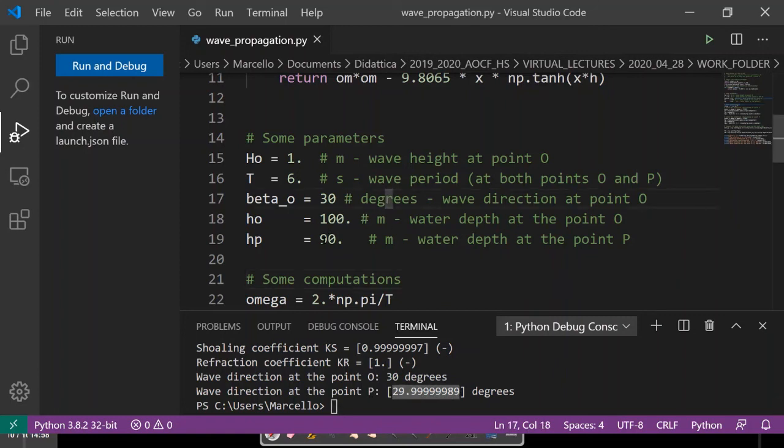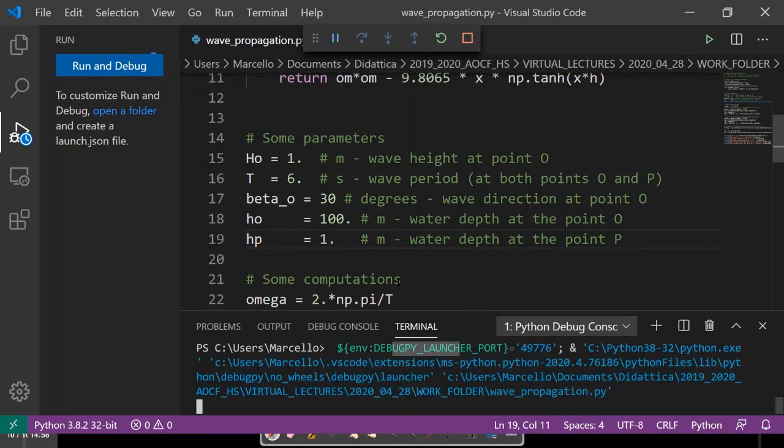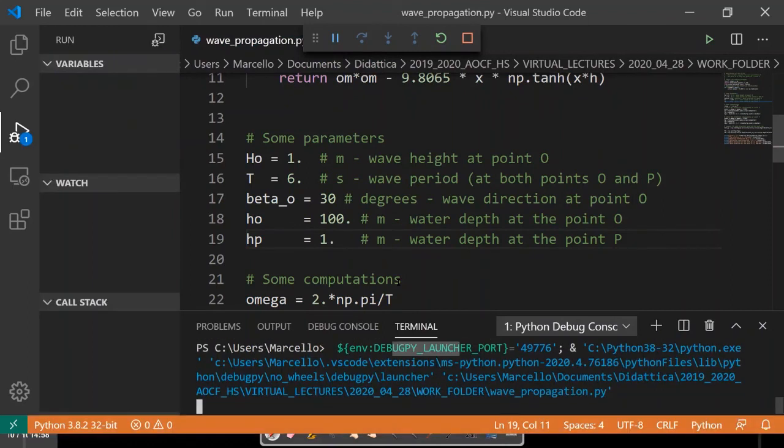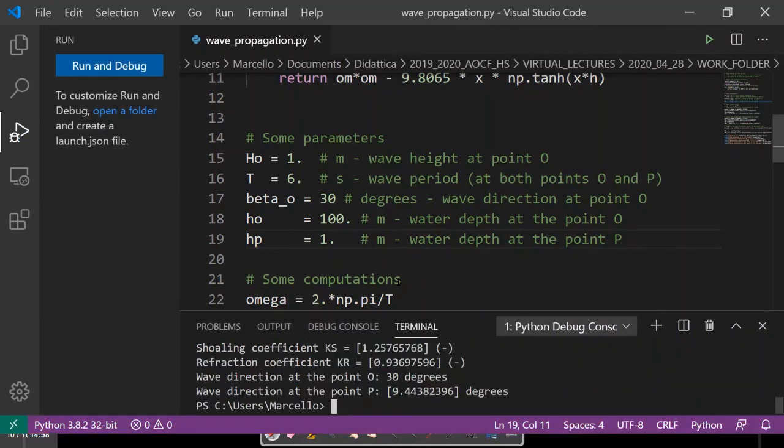Of course, we have at 90 meters, so more or less water depth very similar to the offshore one. If we write here 1 meter, so very close to the shoreline, we should have a wave angle lower than 30 degrees. Indeed, we have 9 degrees.